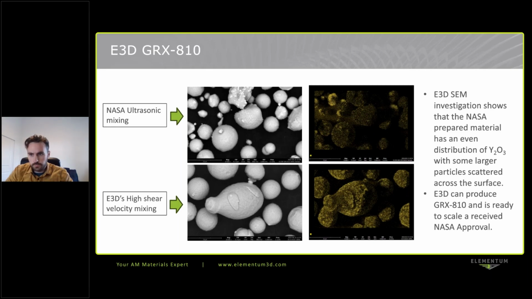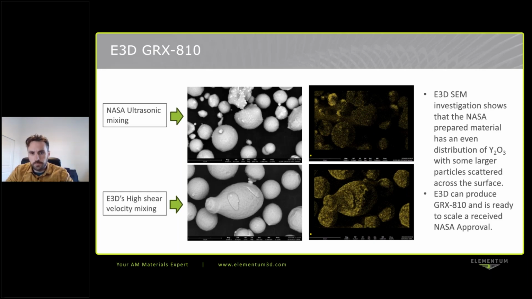In this image, you can see some SEM images. On the top, we see the commercial alloy provided by NASA, which gives an idea of how much yttria we can coat.